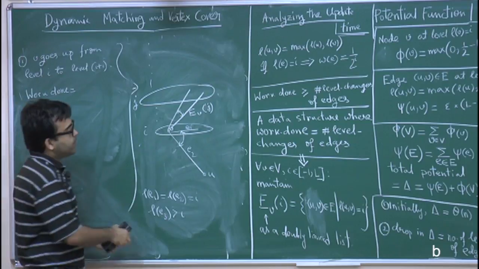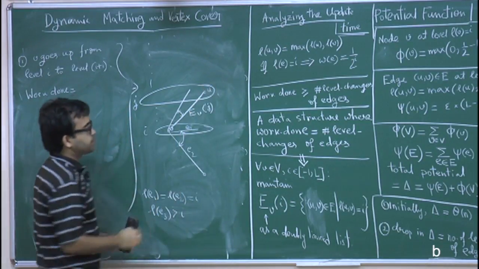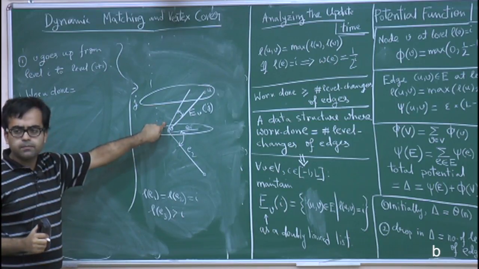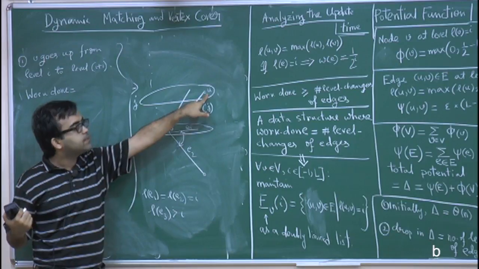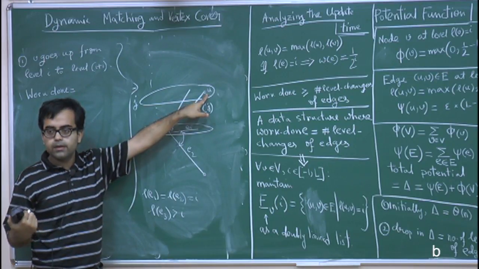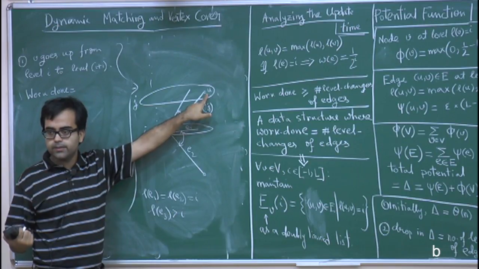On the other hand, look at a neighbor U whose level is above I. As this edge goes up, what will change? This edge was earlier part of the jth list of U. Now, still it remains part of the jth list of U. It will not change, right.